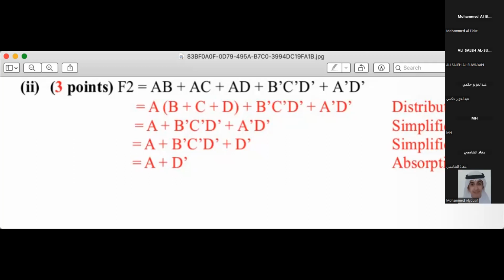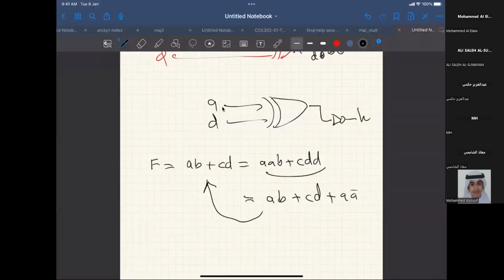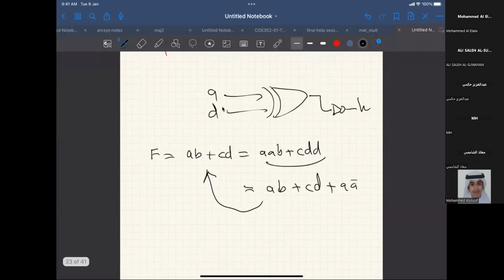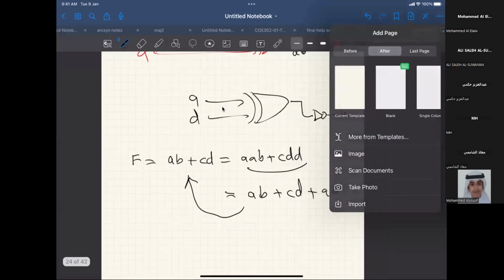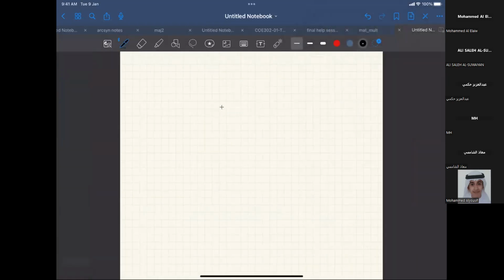Let me share my iPad again. So it is AB or AC or AD, B complement, C complement, D complement, with A complement, D complement.